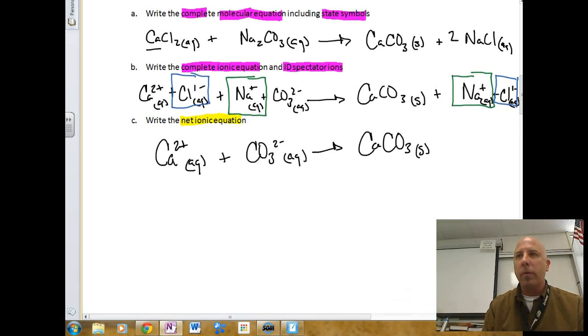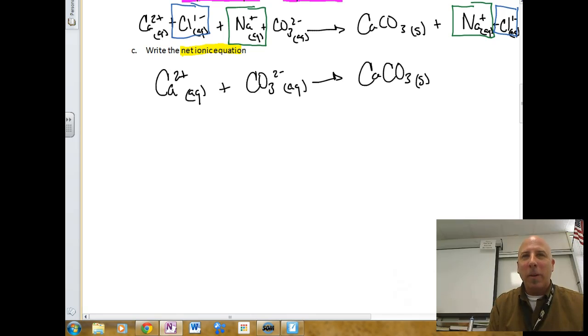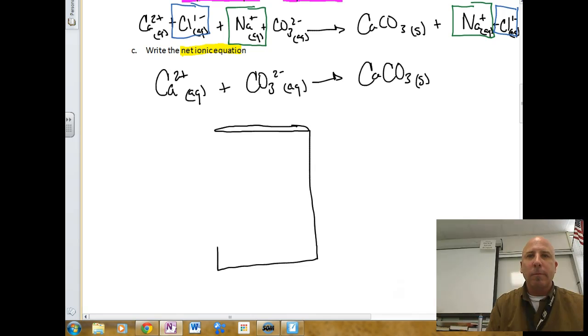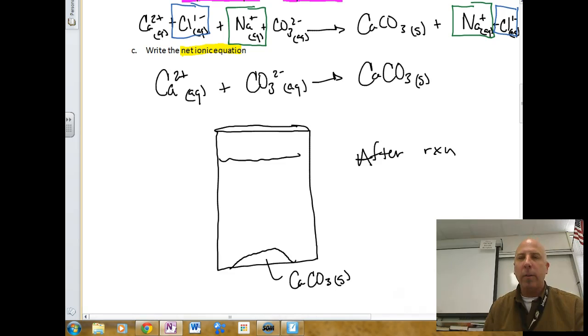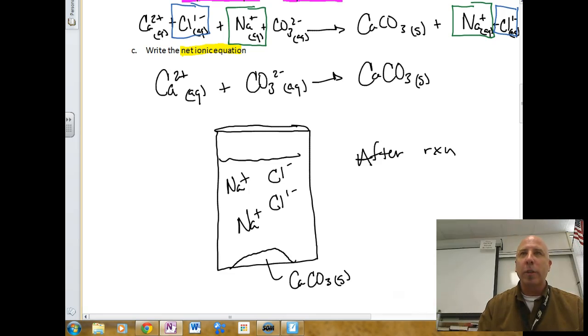If we were to model this really quickly in our beaker after the reaction, we would most likely have some calcium carbonate as a solid formed down here. We would also have some sodium ions and some chloride ions floating around in solution up here.